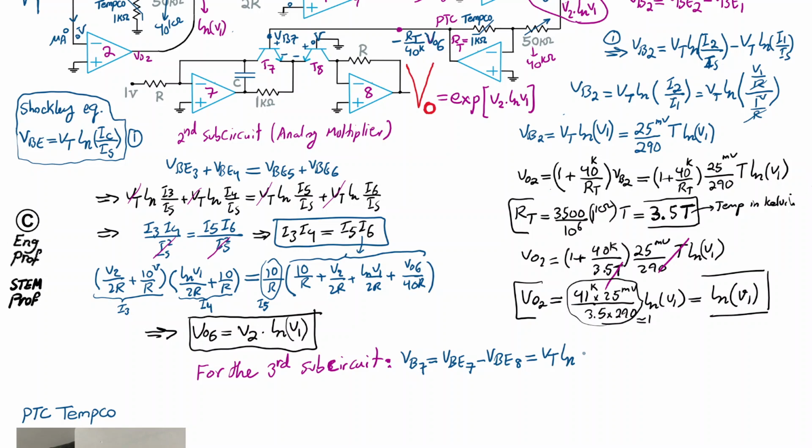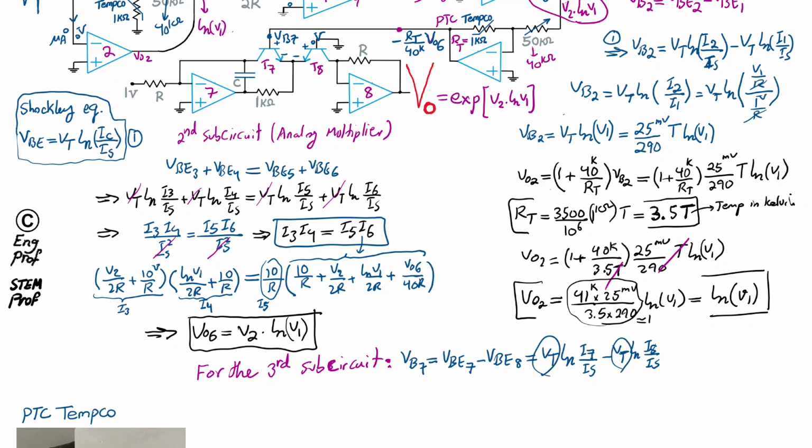it is then VT ln the collector current of transistor 7 divided by saturation current, minus VT ln the current of transistor 8 divided by saturation current. And again, these two transistors, as I said, should be matched transistors on the same substrate, benefiting from the same process and temperature for the PN junction, and therefore VT and VT are the same, IS and IS are the same.